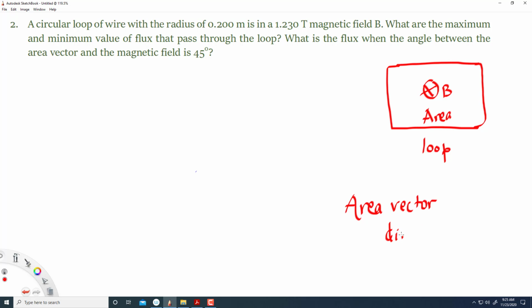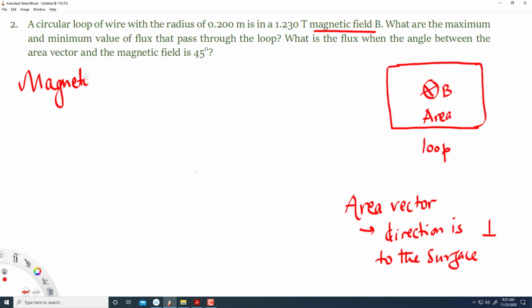So magnetic flux in this case is defined as the product of magnetic field, area, and cosine of the angle between B and A. It is denoted by the Greek letter phi.